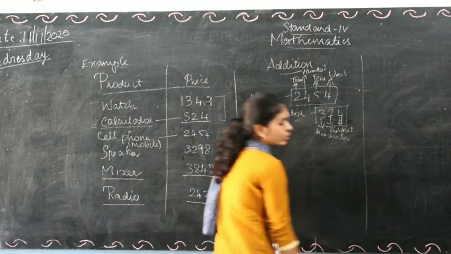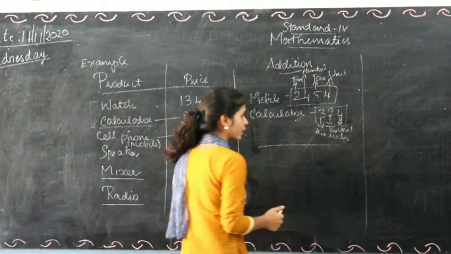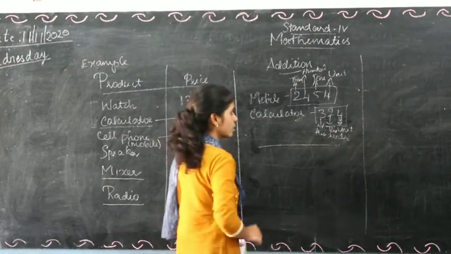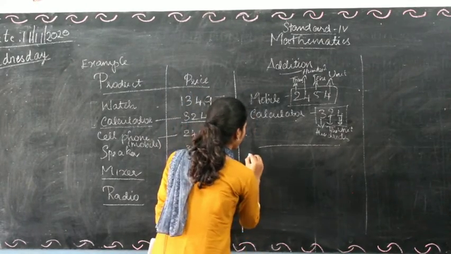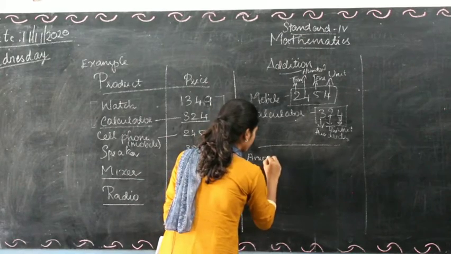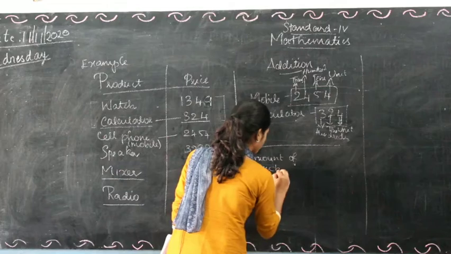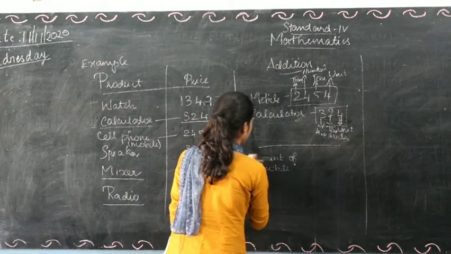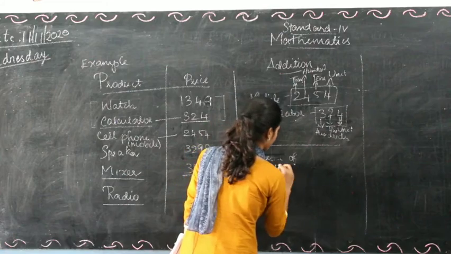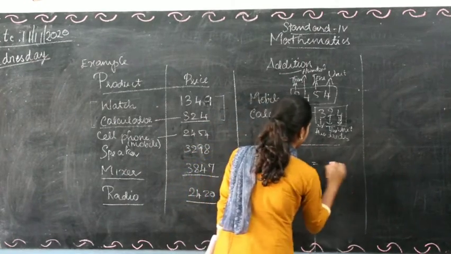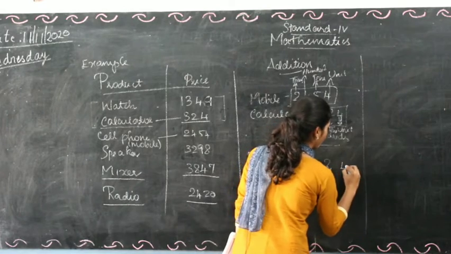How will we do the addition normally? We'll write them according to their place value vertically. So let's try and do the same thing here. First one, amount or price of mobile is equal to 2454.